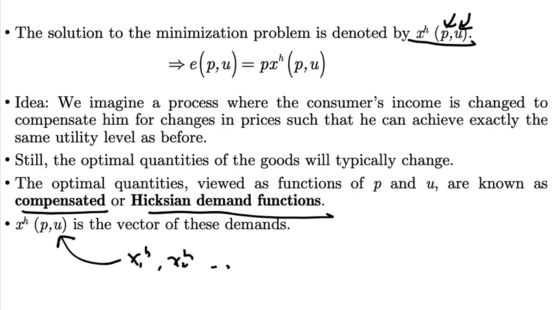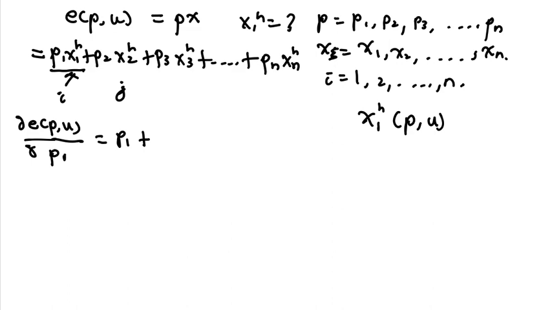Now let's go back to this because our purpose is to prove property number 7, which is the existence of Shephard's lemma, the condition that gives us the Hicksian demand function. So let's go back to this differentiation. Differentiate the expenditure function with respect to good 1 because we want to find the Hicksian demand function of good 1. Can it exist or not?